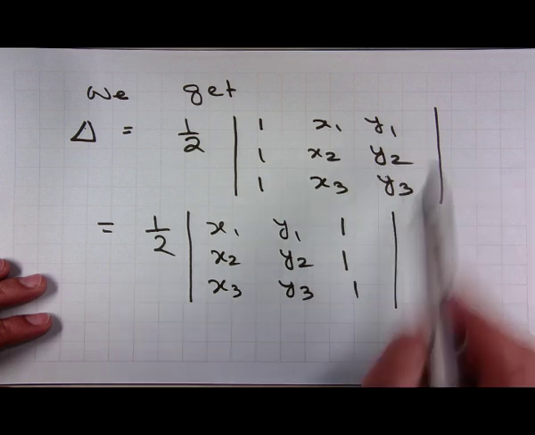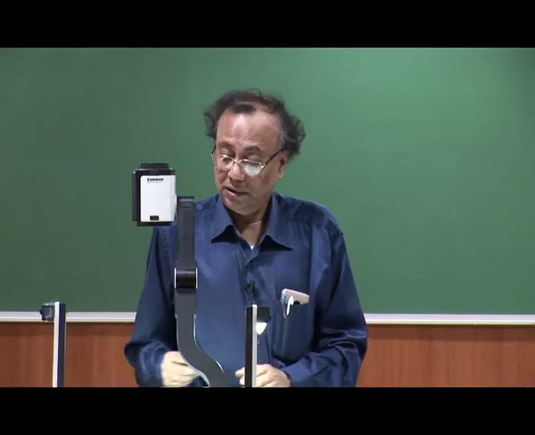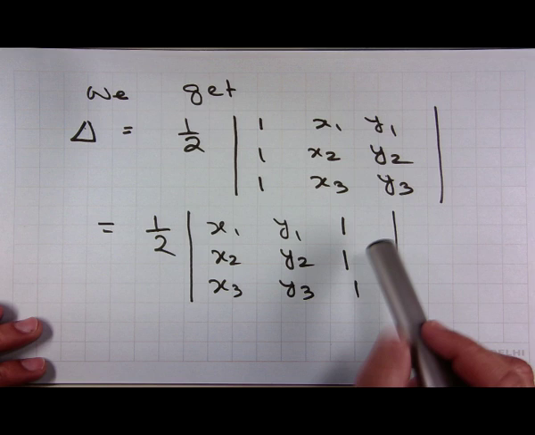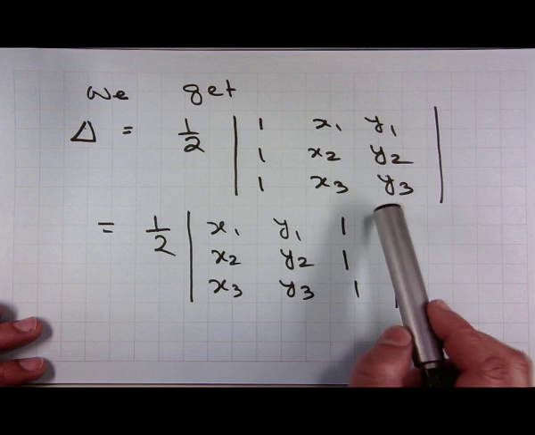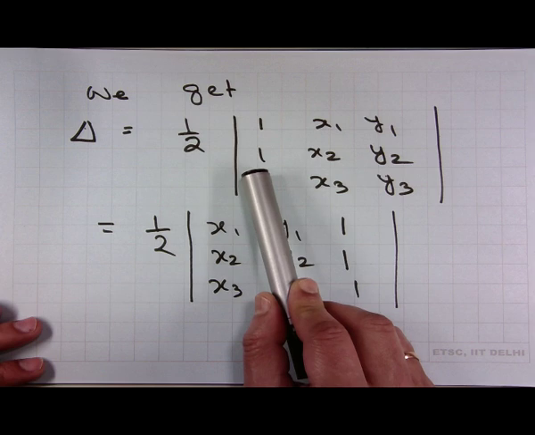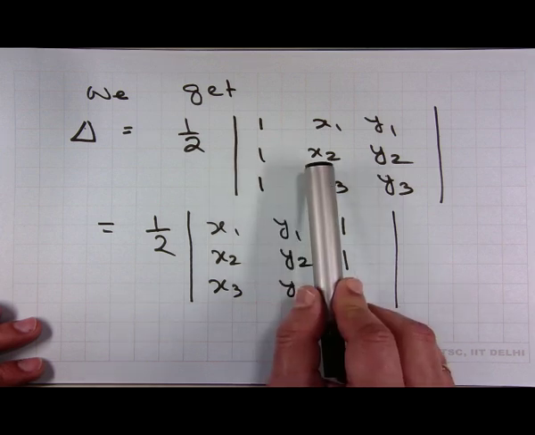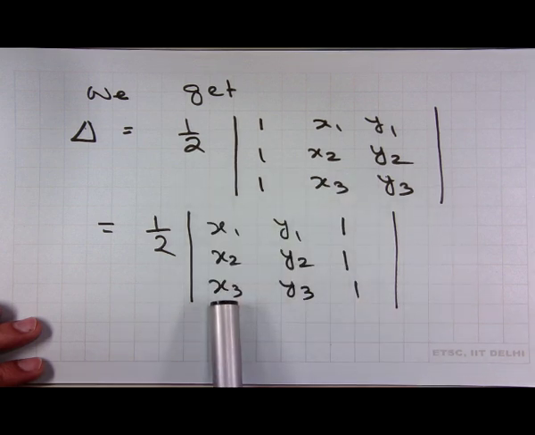I have done it like this, but if we look carefully, we will see that these two values are actually the same, because here if we swap the first column with the second column, 1 1 1 will come here, x1 x2 x3 will come here.